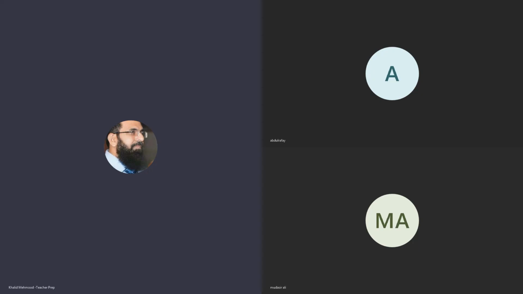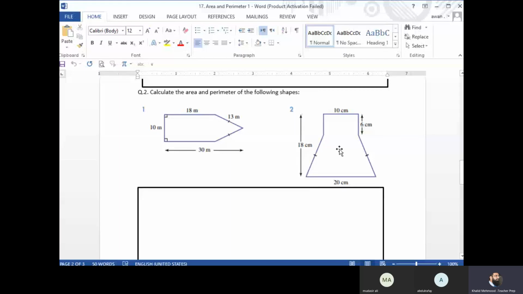The last one I'm showing here. This shape you can see is a combination of multiple shapes, composite shapes. So see how we'll be solving this one. Would anyone tell me what the combination of these shapes is?